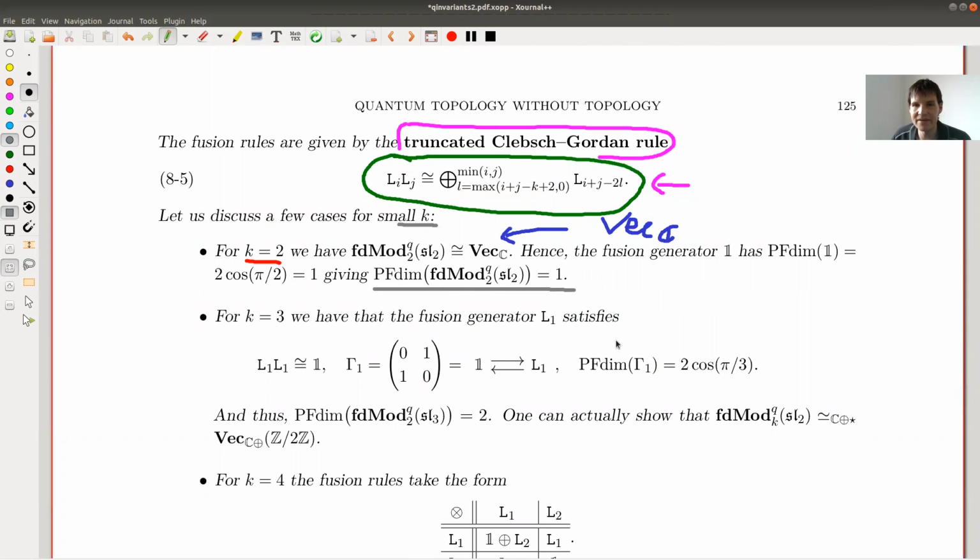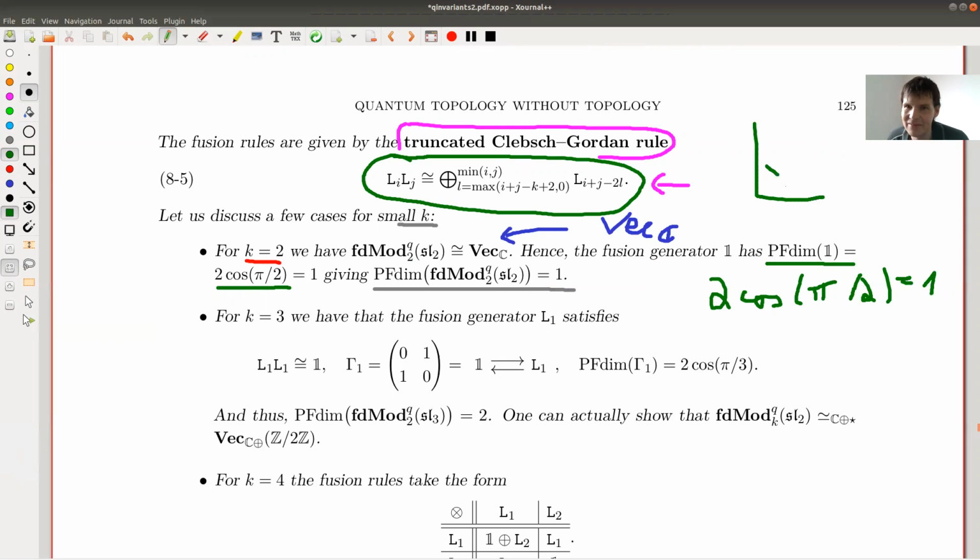And the corresponding generating object of Vect C has Perron-Frobenius dimension, and now it gets funny. It's 2 cosine. So as I said, it can be a real number. So here's the cosine, and it's pi over 2, which is of course just 1.